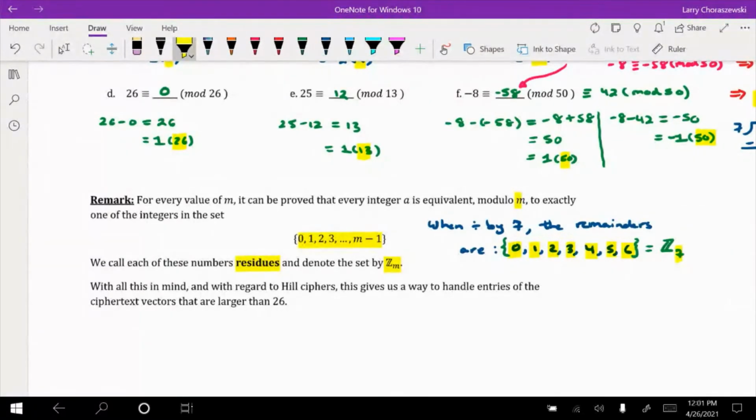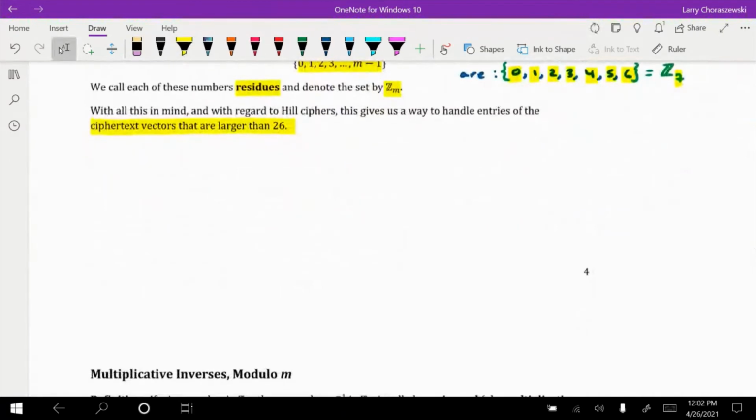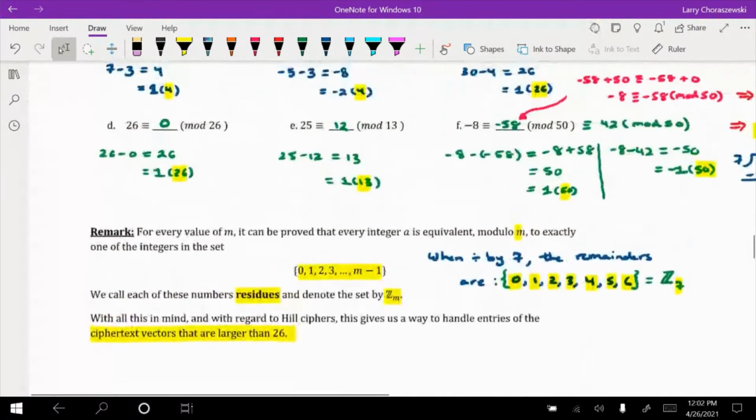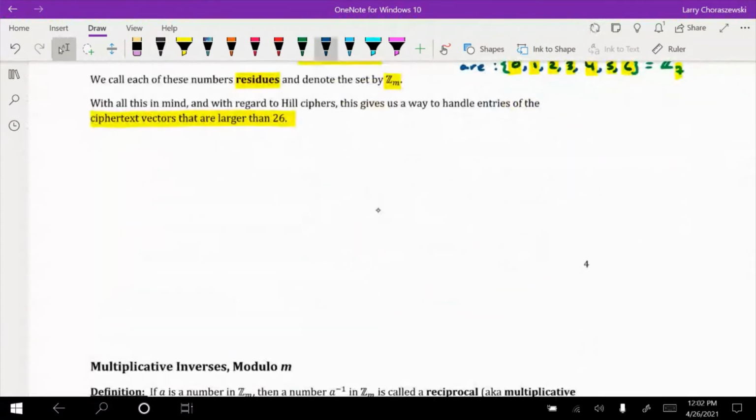So when it comes to Hill ciphers, we now have a way of handling entries of the ciphertext vectors that are larger than 26. Case in point, let me go back to that page. Actually, no, it's okay. We had 36 and 24.